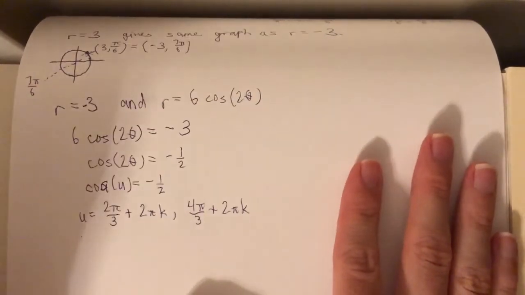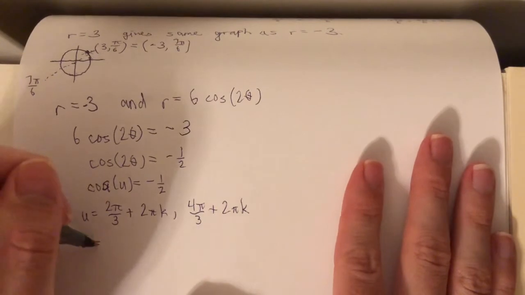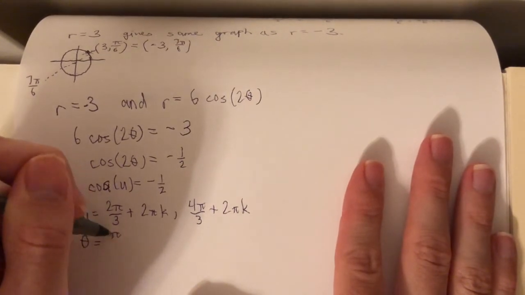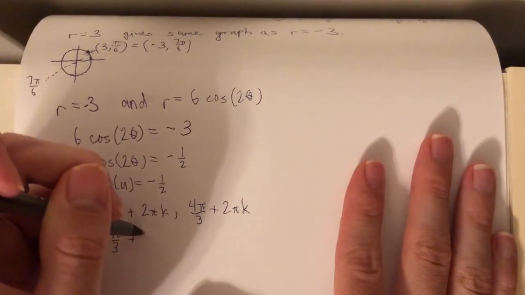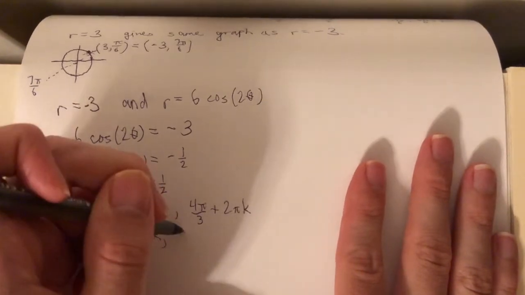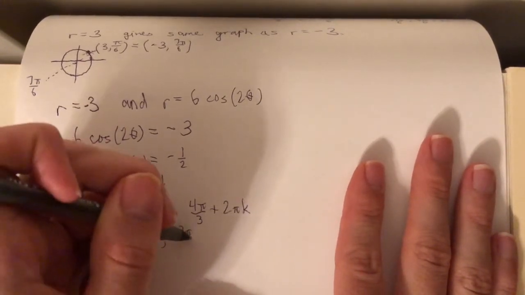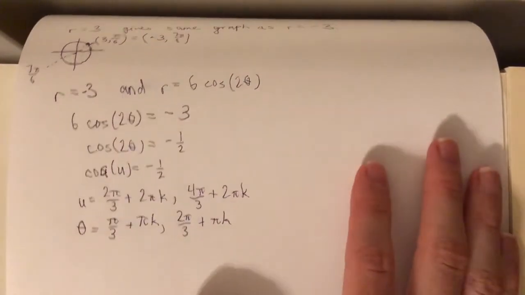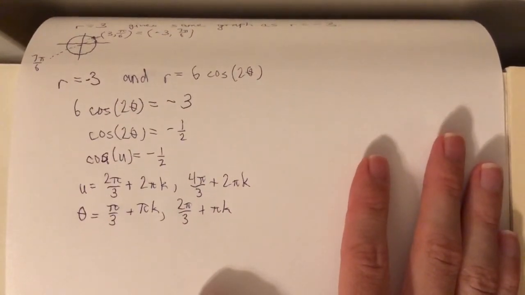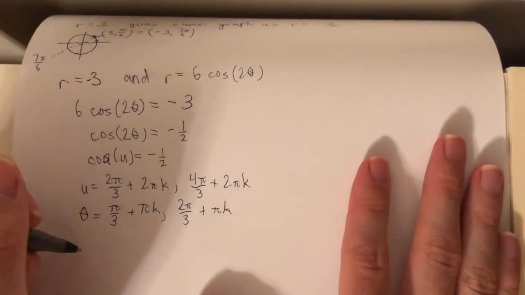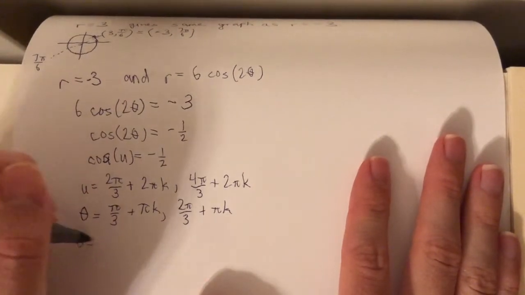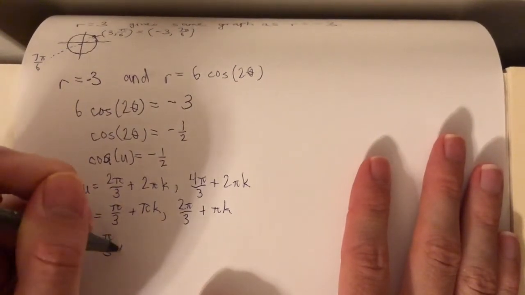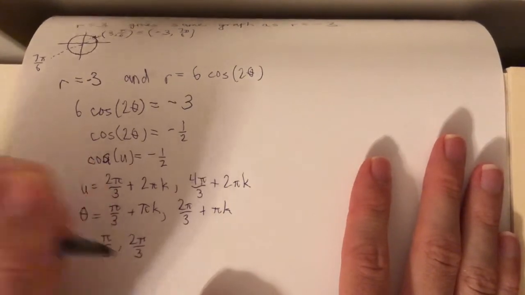So if we go through the same set of steps that we did last time, what we're going to get is θ equals π/3 plus πk, and 2π/3 plus πk. So to make a long story short here, we're going to end up with θ equals π/3, 2π/3.